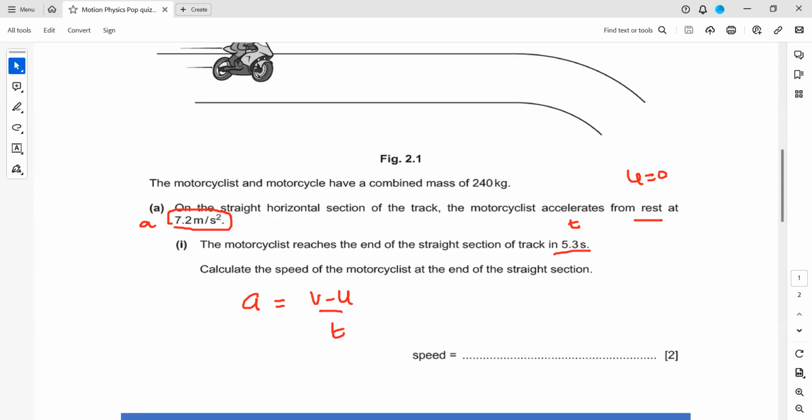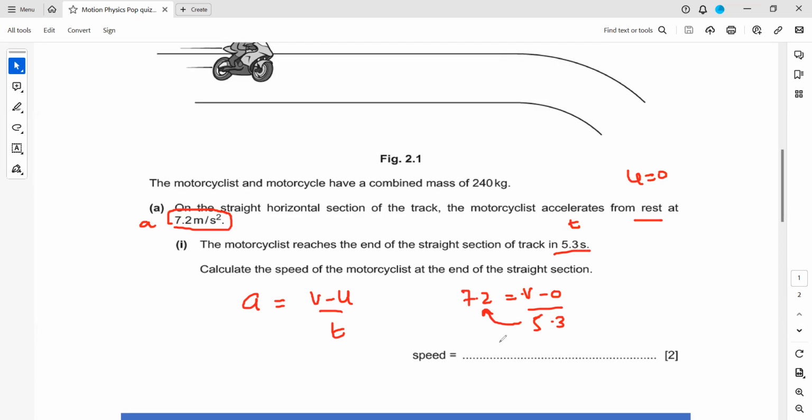So when we substitute the values, A is 7.2. The final speed we don't know. Initial speed is 0. And the time interval is 5.3. 5.3 is divided on one side, on the other side it will be multiplied.